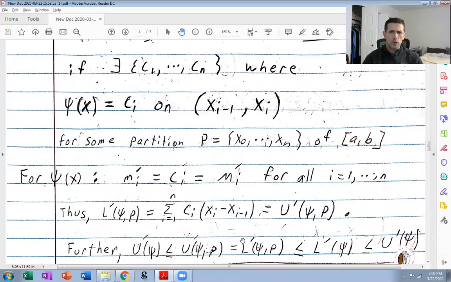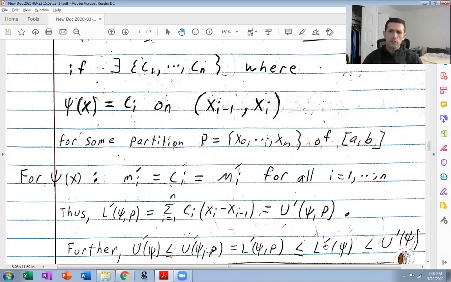So we just showed that these are equal. It's this sum here. And this slightly modified lower Riemann integral is the supremum of all these modified lower Riemann sums. So as a supremum, it's an upper bound.